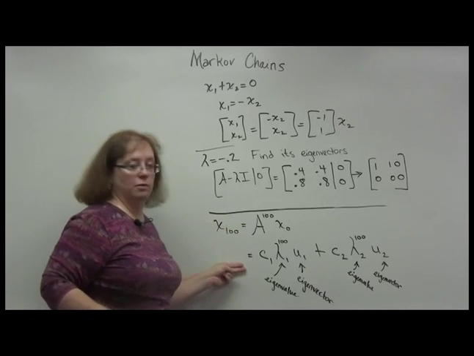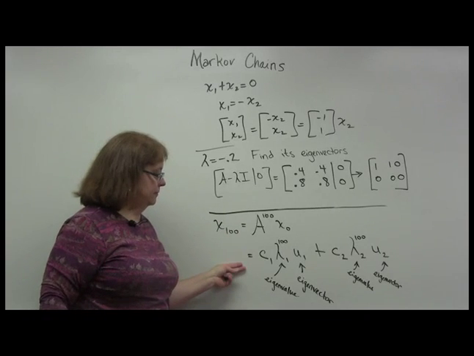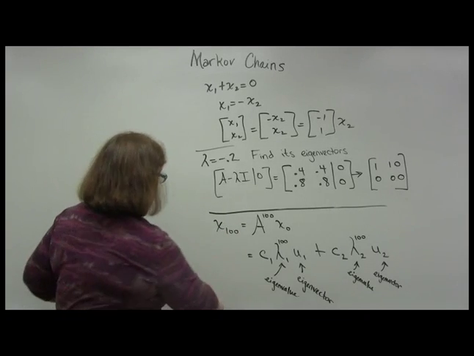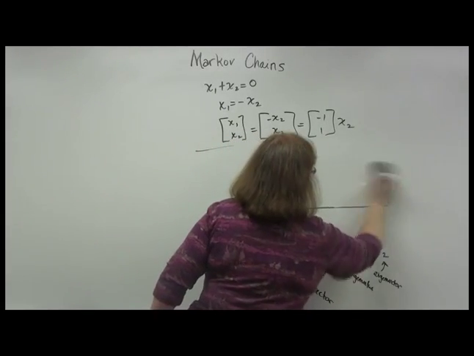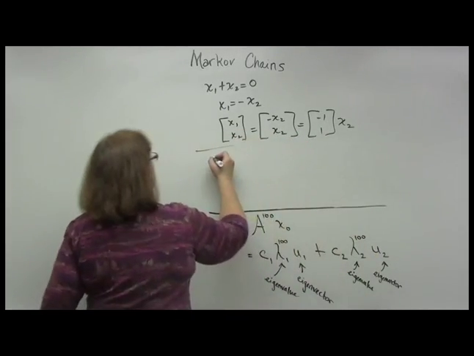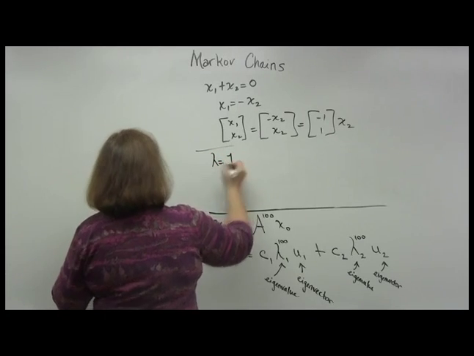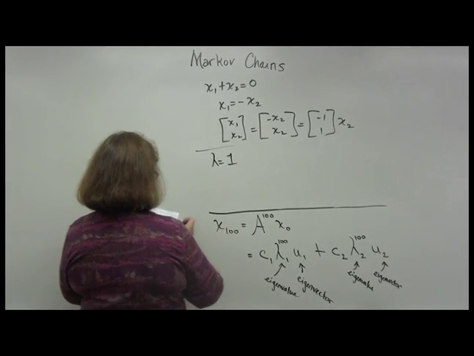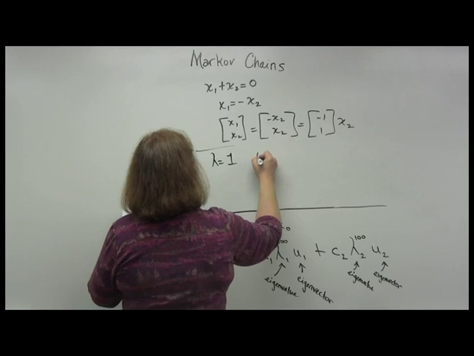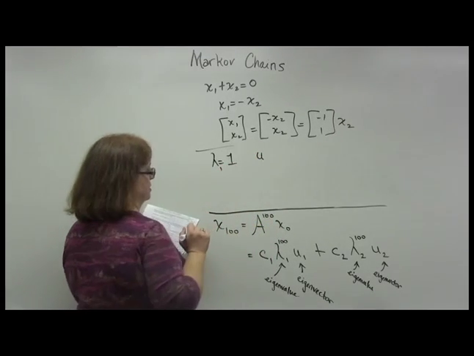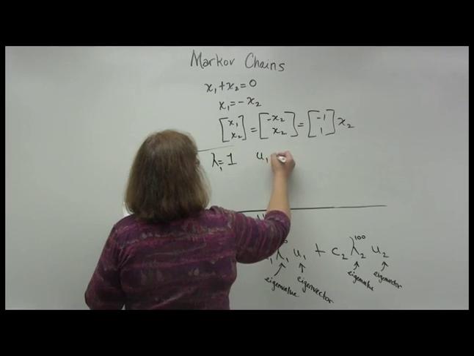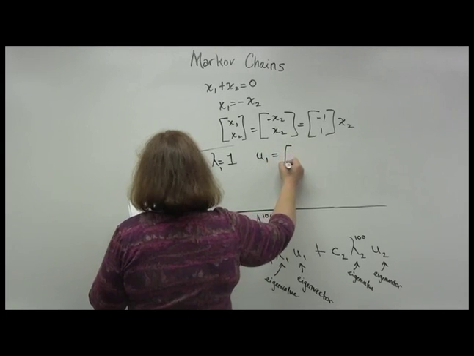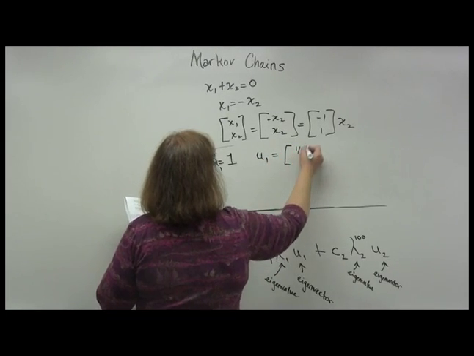All right, so back to what we were doing here. I'm going to have to fill in these eigenvalues. Now, if you remember, I'm going to call lambda sub 1 is 1, and I wanted to use an eigenvector that corresponds, which is 1/2, 1.